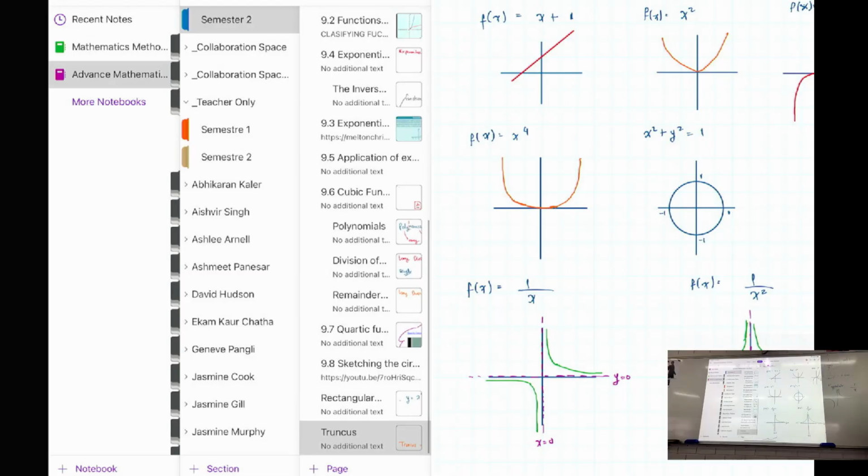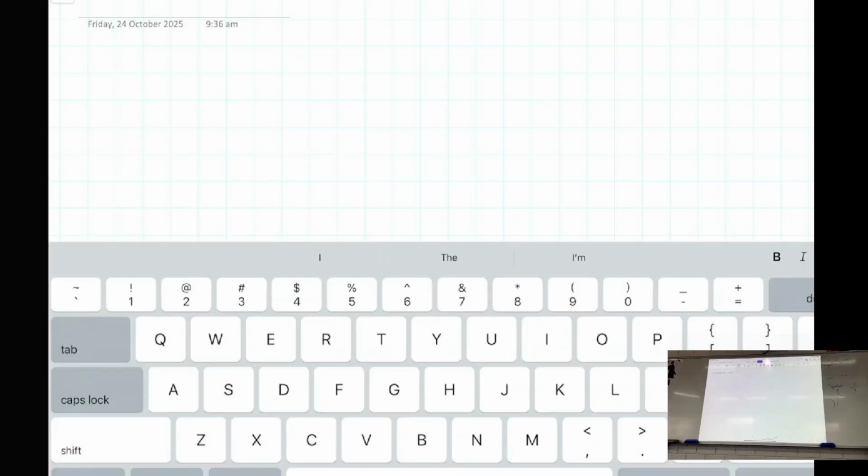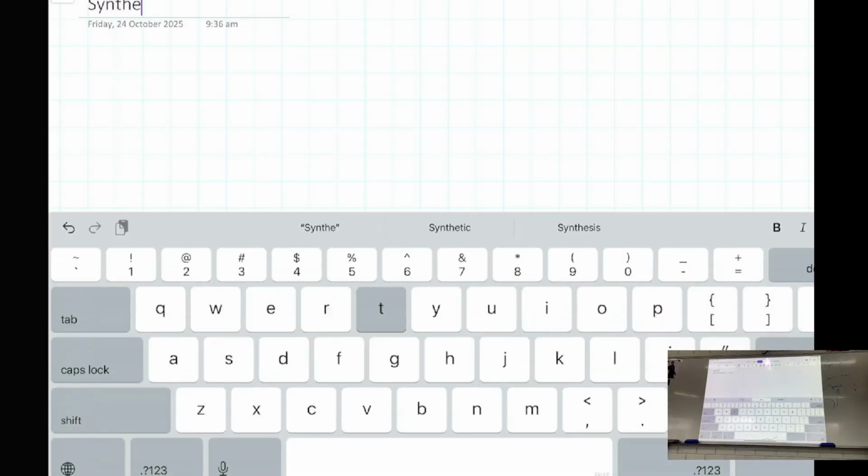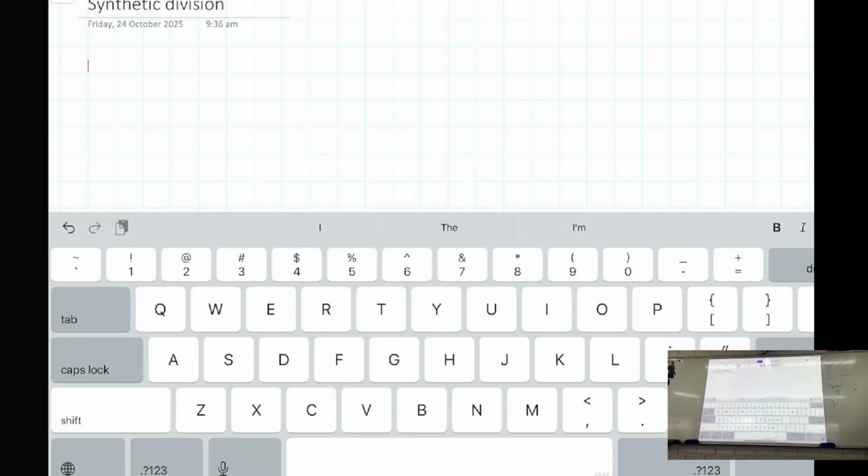All right, so I'm just going to make a new page and write down here synthetic division. Please pay attention. This is going to help everyone doing long division. Everyone place eyes on the board. Do not do anything. Just look at the board.